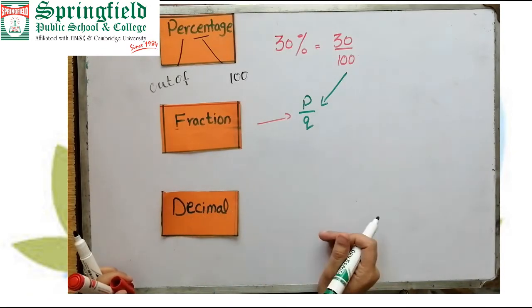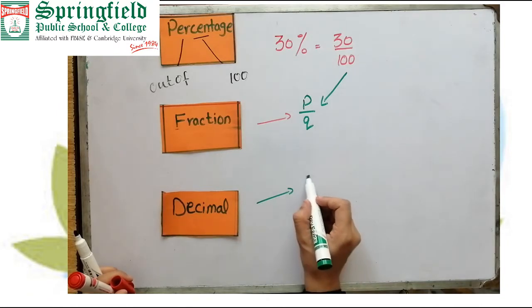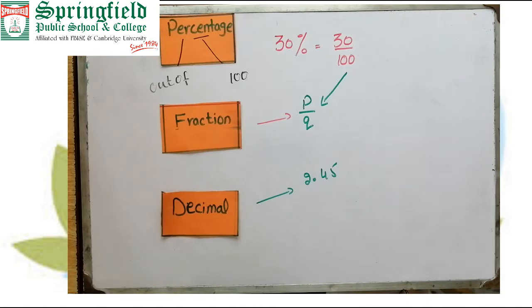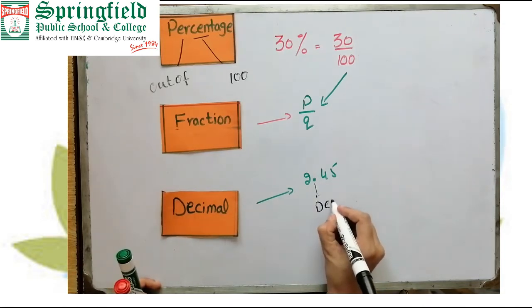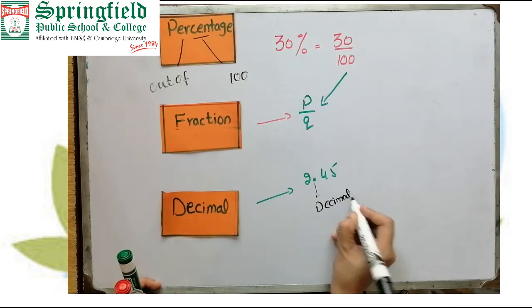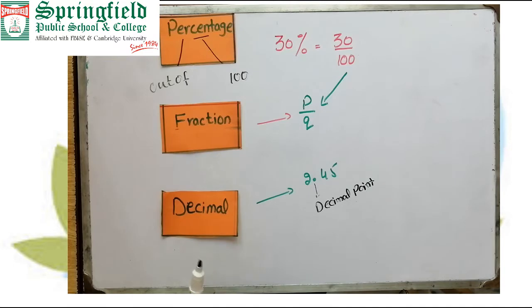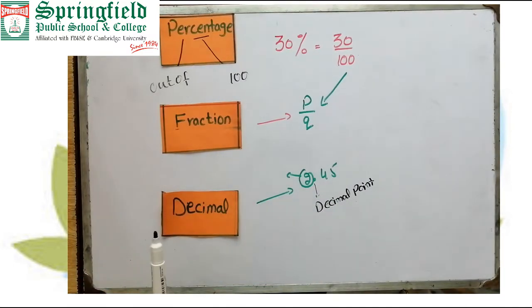And the third topic in the prior knowledge is decimal. Decimal means a number that has a decimal point. This point is called a decimal point. Before the decimal point, this part is called a whole number.